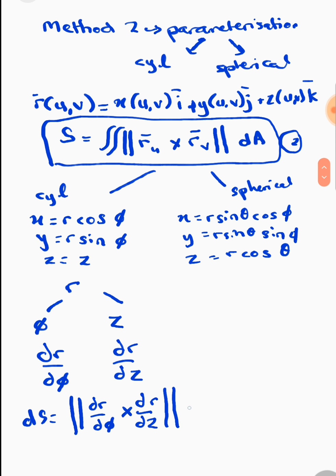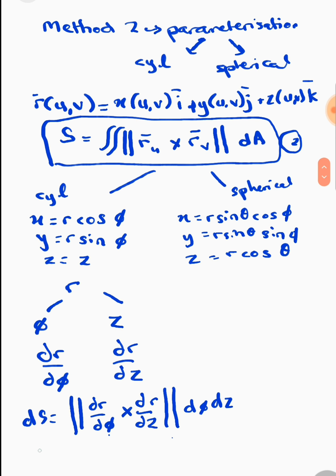And remember, if you refer back to method 2 here, you can see that this is actually dA, isn't it? So for dA, over here we are concerned with phi and z, and therefore this will be d phi dz.